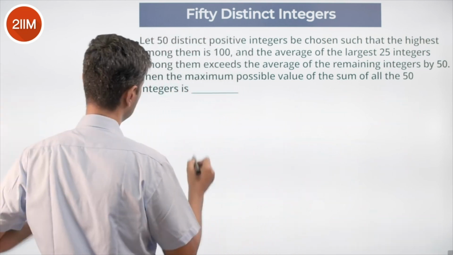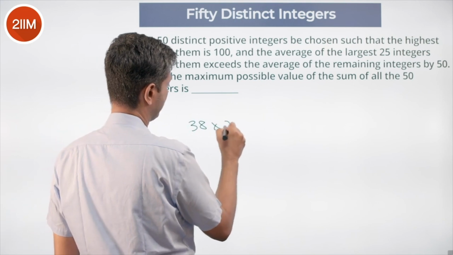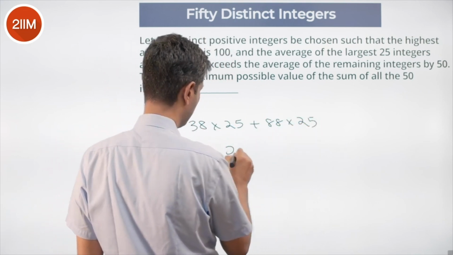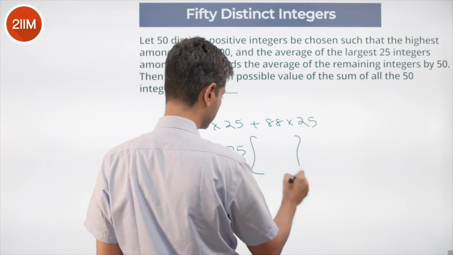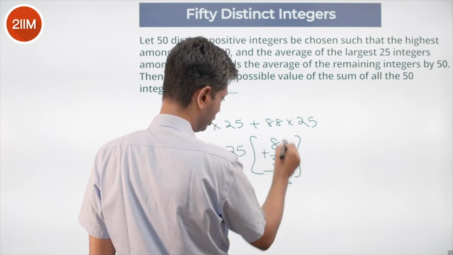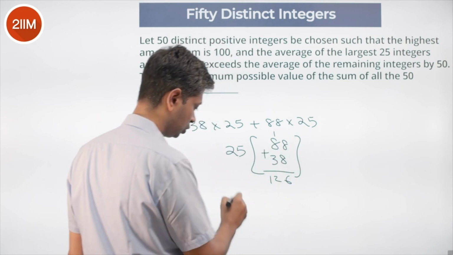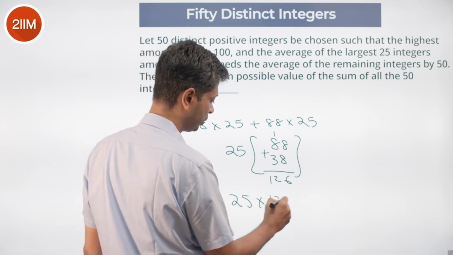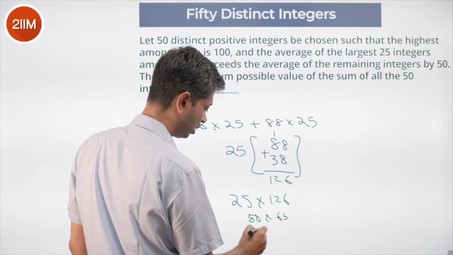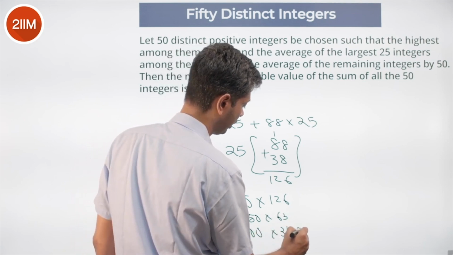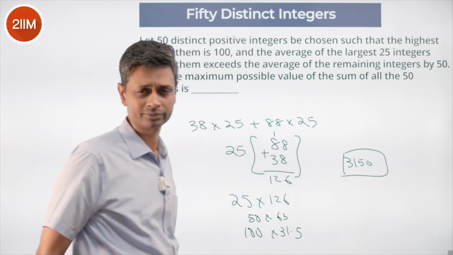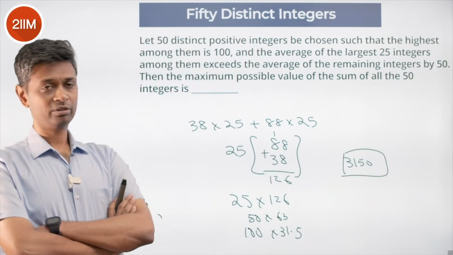The total is 38 into 25 plus 88 into 25, or 25 times 88 plus 38, which is 126. So 25 into 126, or 50 into 63, or 100 into 31.5. That is 3150.